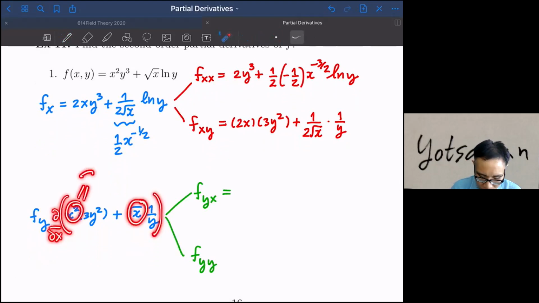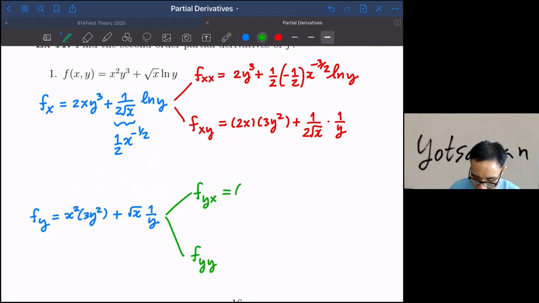So this guy will be 2x. This guy is going to be 1 over 2 root x. So for this one, it's going to be 2x, 3y squared, and you have 1 over 2 root x, 1 over y. So that will be fyx.